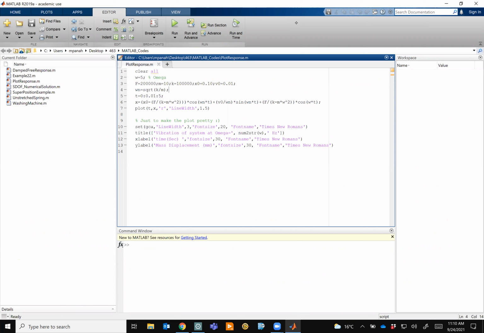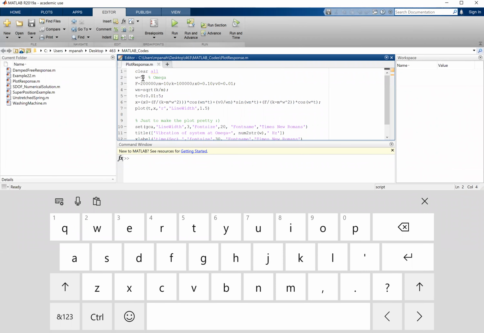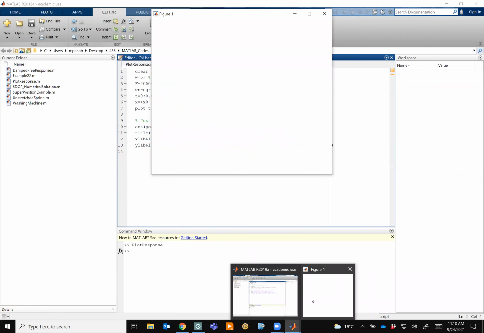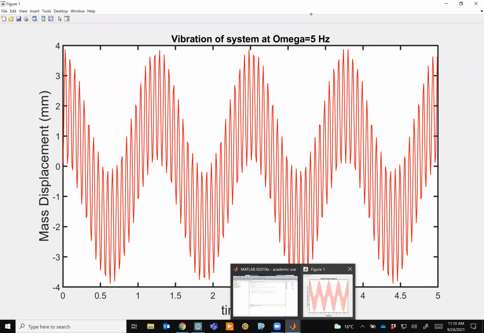Nothing special, we put the values, and I just change this omega. Okay, so let's start with omega 5. If I plot these things, all right, so I will get this answer.